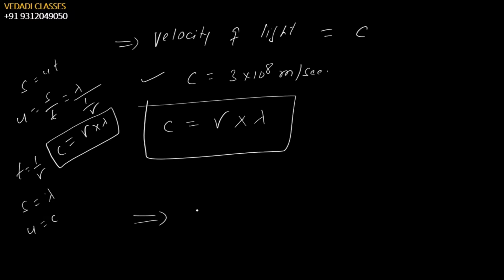If the velocity is constant, then nu is inversely proportional to lambda. So we can say frequency is inversely proportional to wavelength. If the frequency increases, then the wavelength will decrease. This you should keep in mind.